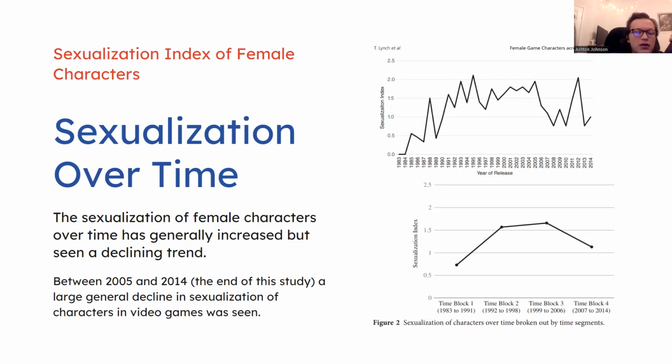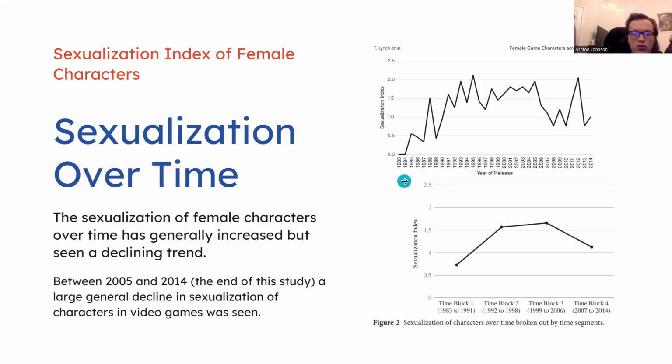Like a DC superhero fighting game would have all of these superheroes from the whole DC franchise. Those were all eliminated. And other ones that were purely sexual games, just like sex games, those were also eliminated.